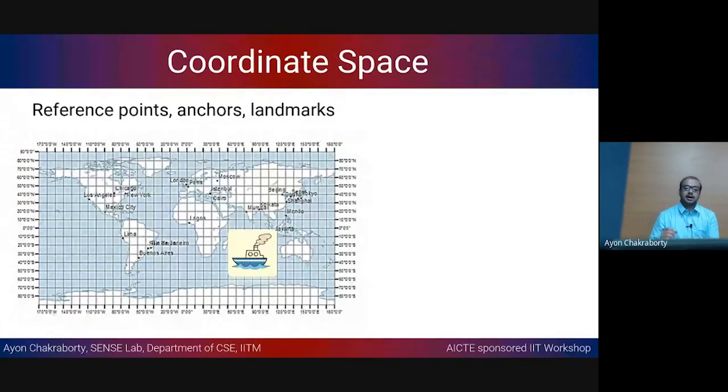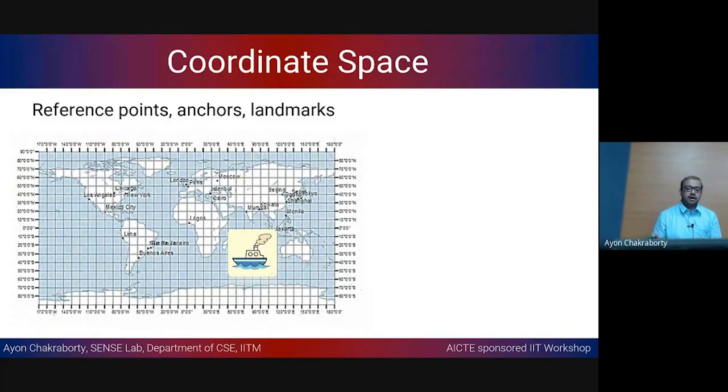Now we will start from the very first thing, by defining the coordinate space, because if you remember the very first slide, we had estimating the location of an entity with respect to a fixed reference frame, or a specific coordinate system. For doing that, we need to first understand what this coordinate space means, and we need reference points.